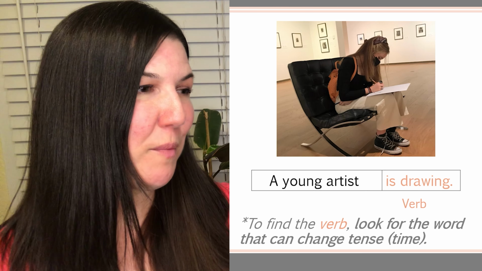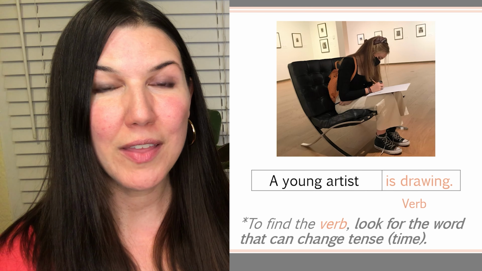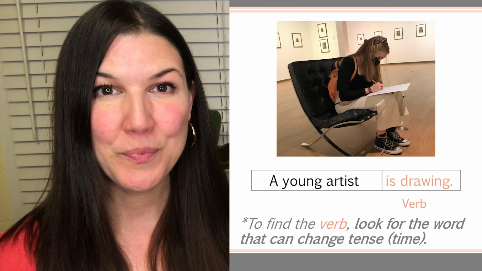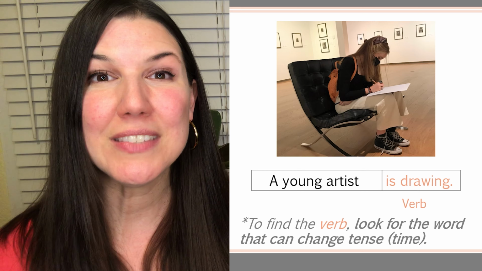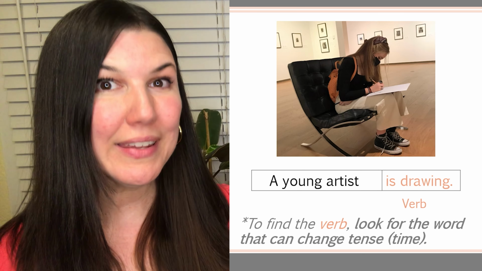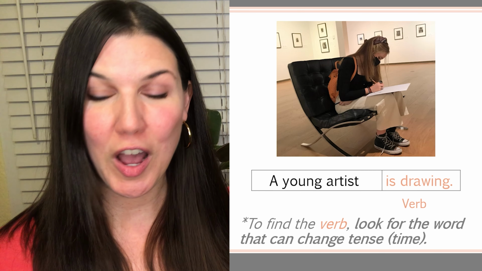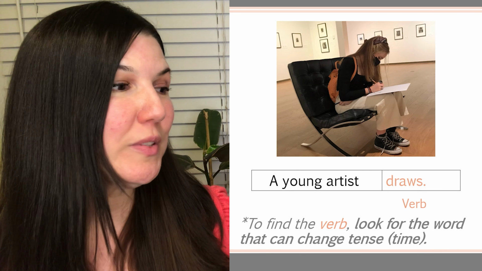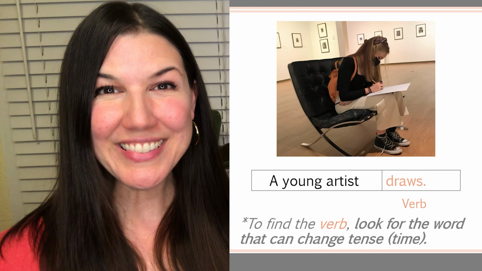To find the verb, you're going to look for the word in the sentence that changes tense. This means that changes time. So for example, right now, she is drawing, in the picture, is drawing. We can also say she draws.